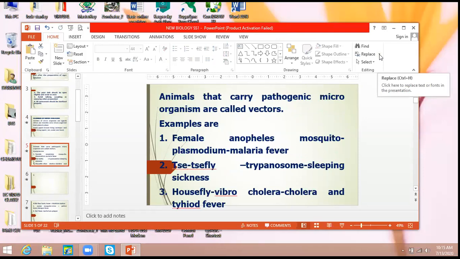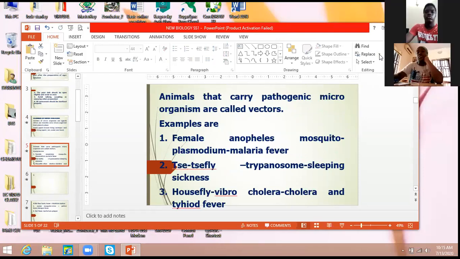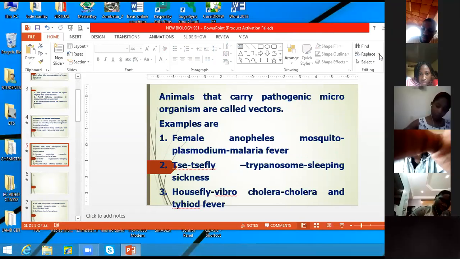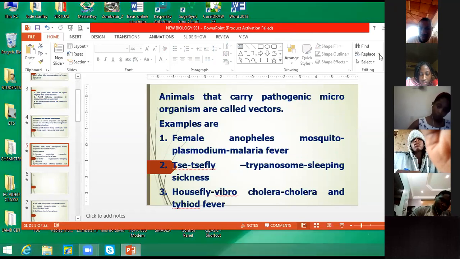Remember, I said that carriers of microorganisms are agents that pick microorganisms from one place to another. These carriers can be animals, that is living, or non-living: air, water, and food.